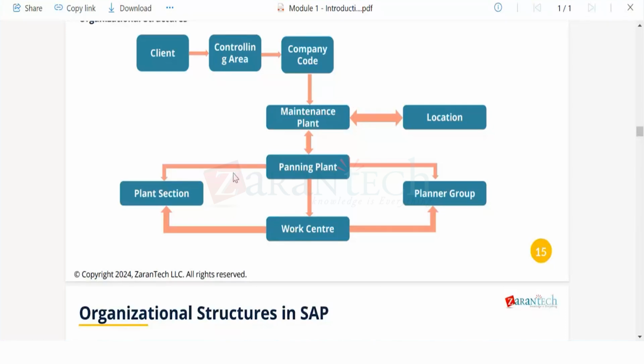But in modern systems, whatever I have configured only solely uses decentralized planning. So there will never be any difference between the maintenance plant and the planning plant. But yes, this is SAP terminology calling them a plant because they are treated as a whole. And those planning plants are governed by planner groups. Again, planner group is still a terminology. There is only one name given in the planner group. There are no number of resources assigned to that planner group as well.